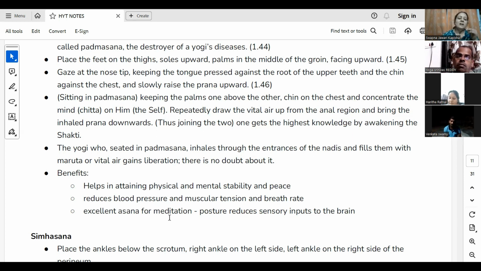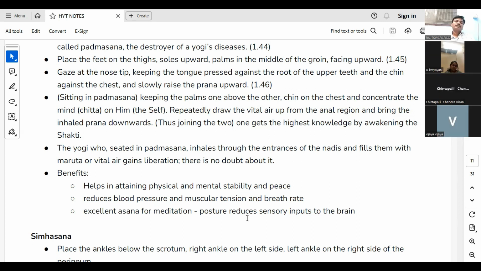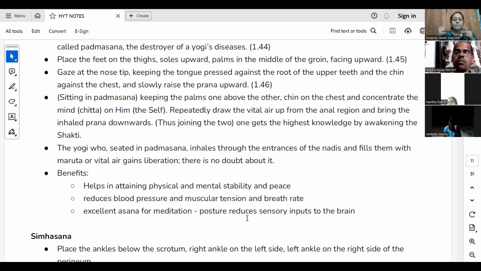And it is an excellent asana for meditation because it reduces the sensory inputs to the brain. Once you sit in Padmasana, consider the surface area where you are sitting and the body. In the biomechanics of each asana, there are two lines from the center of our body, horizontally and vertically, forming the center of axis.